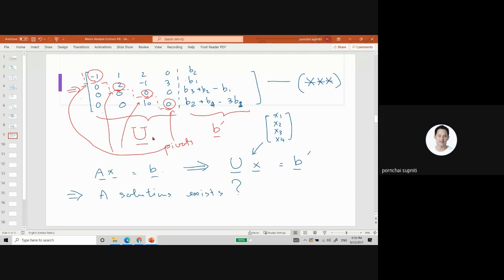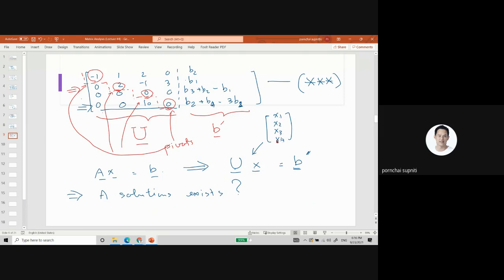Well, because this is U multiplied with X equals B prime, it means that if I look at the last line and I multiply it with X1, X2, X3, and X4, right?